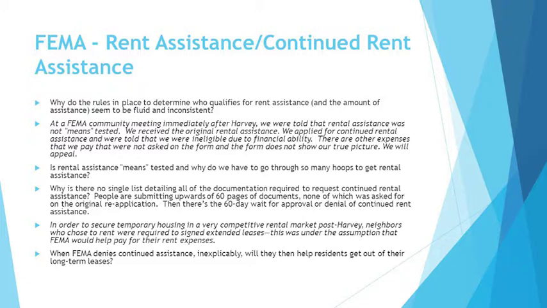So the first question, Dolores, is why do the rules in place to determine who qualifies for rent assistance and the amount of the assistance seem to be fluid and inconsistent? We have policies in place to determine how to complete the application properly. The application has 12 parts to it.